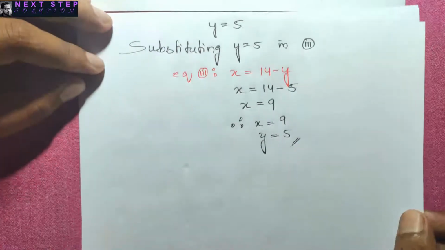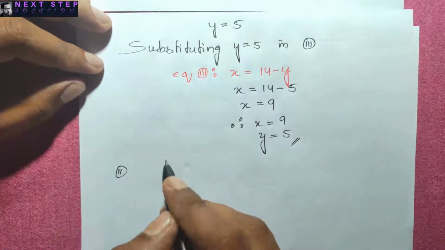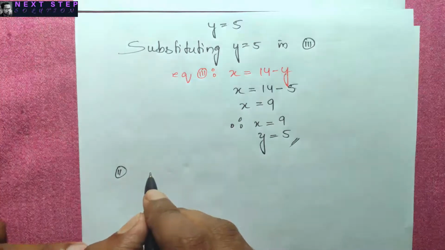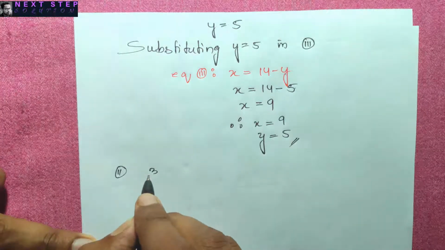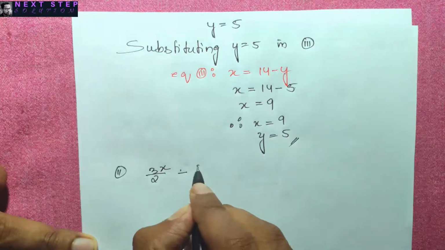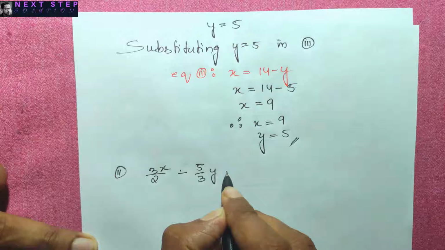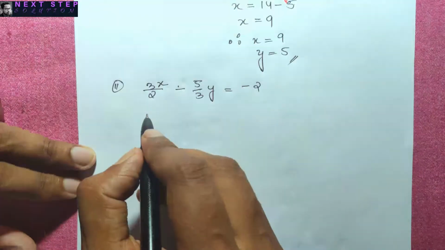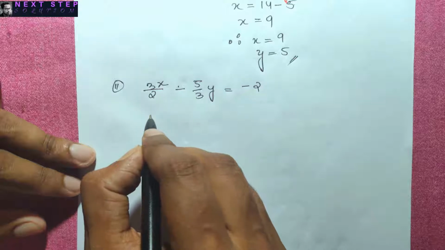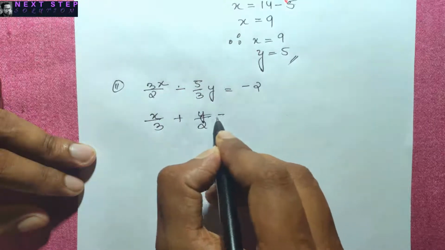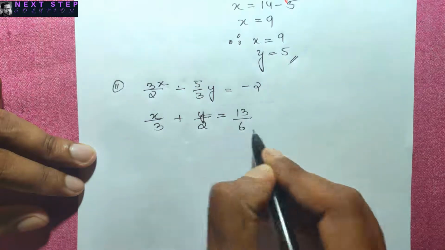Furthermore, let us see one more question. Suppose the questions are given in fractions. Say we have 3 by 2 x minus 5 by 3 y equals minus 2. This is one equation, and the other equation is x by 3 plus y by 2 equals 13 by 6.